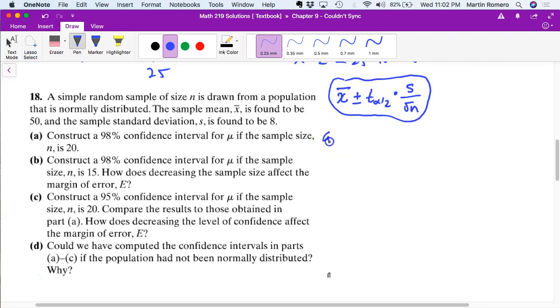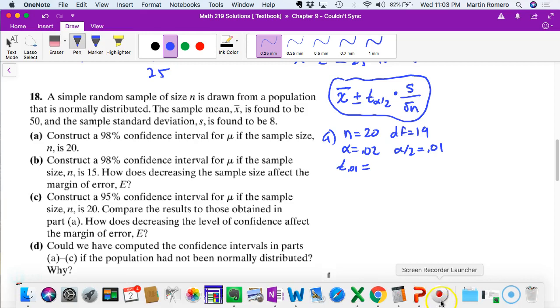So let's do A first. Your sample size is 20, which means your degrees of freedom are 19. Alpha equals 0.02 at 98% confidence. Alpha over 2 is 0.01. So that's the area in the two tails. We need a T calculator so we can get a critical value: t 0.01, 19 degrees of freedom.